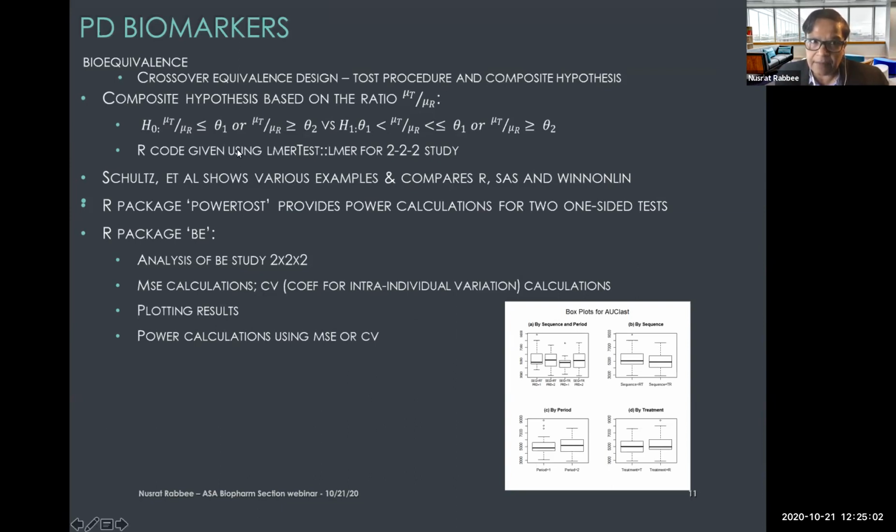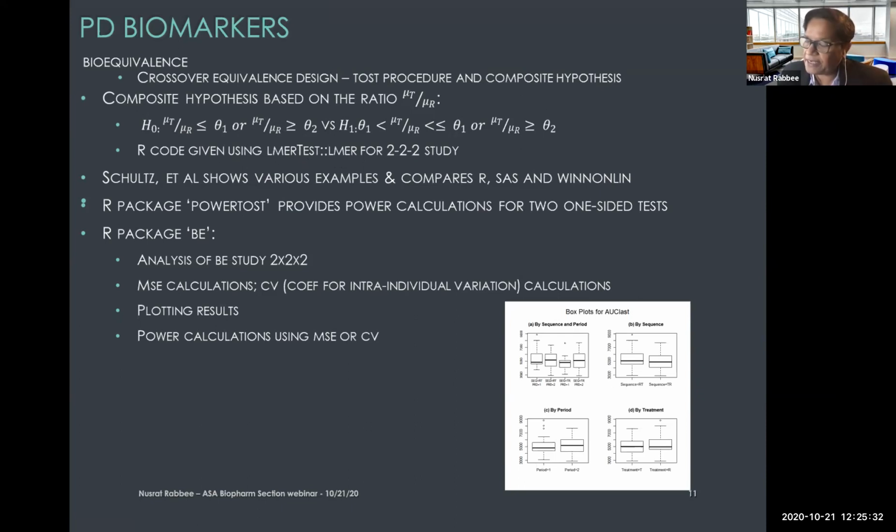So basically, I'm using the packages lmerTest and lmer, which is linear mixed models, for this. The idea is that we have to compute the confidence intervals so that the FDA recommendation to stay within 80% and 125% is met for the two formulations of a drug, for example, for bioequivalence.